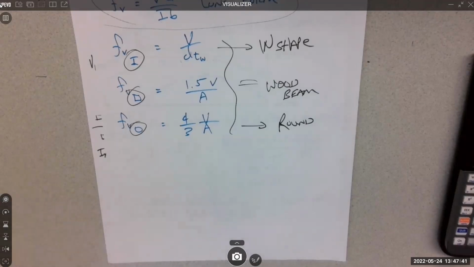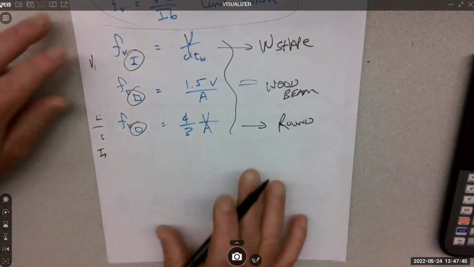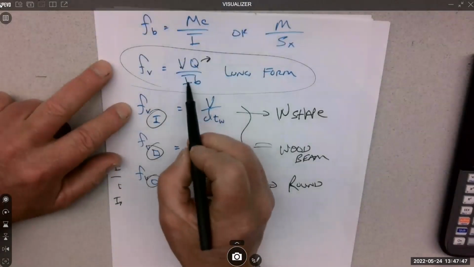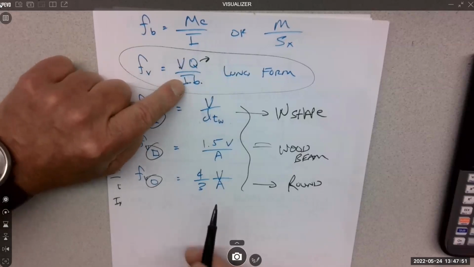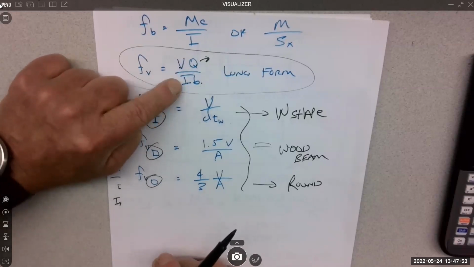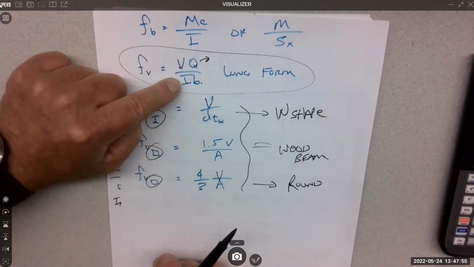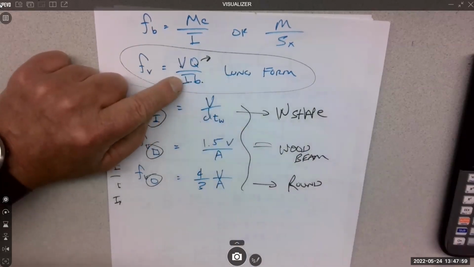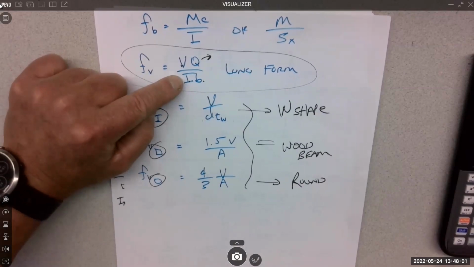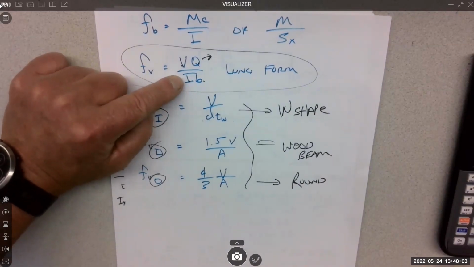If it's something else, then we would have to go to the long form VQ over IB and actually calculate Q and actually have to calculate I, and it is a way longer process. We did I about 8-9 weeks ago, how to calculate I on a complicated shape.